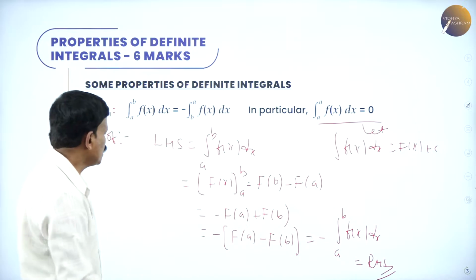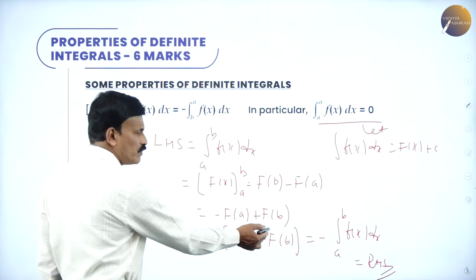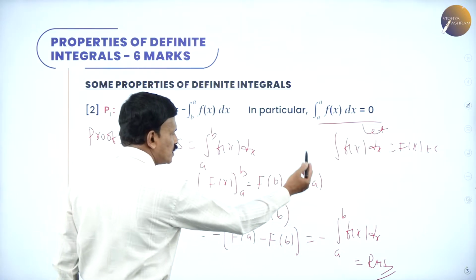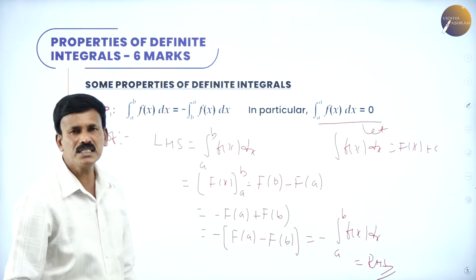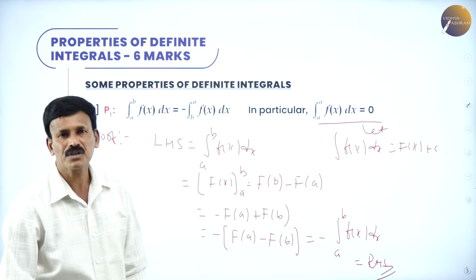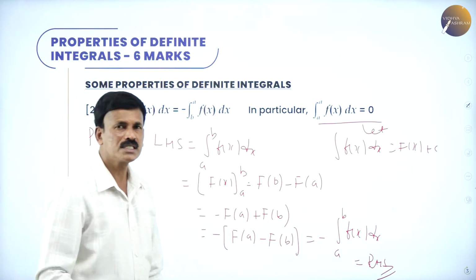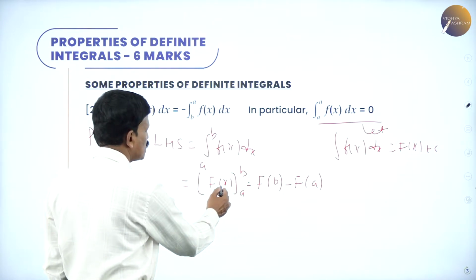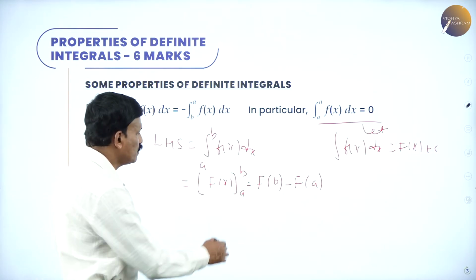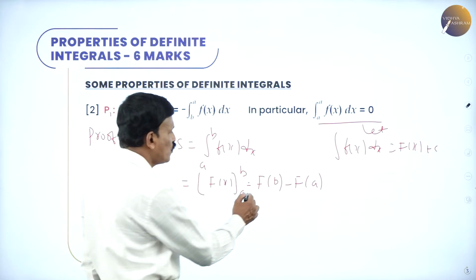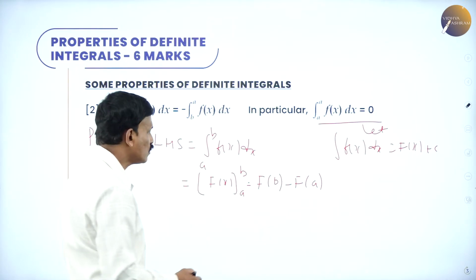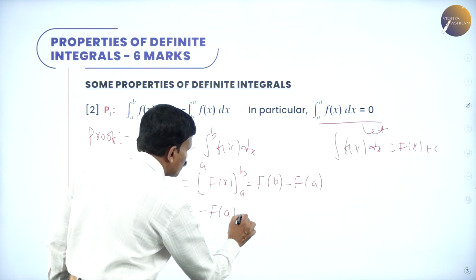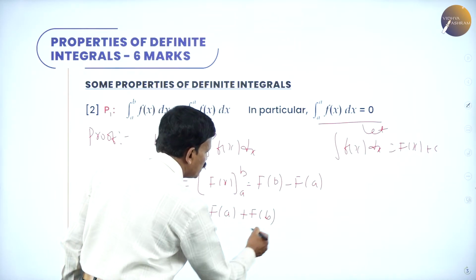That's it. See here, F of a minus F of b is nothing but integral a to b f of x dx. That is the required answer. Hope you followed. Let me explain once again. Integral a to b f of x dx is F of x between the limits a to b. Apply the upper limit: F of b minus F of a. Now F of b minus F of a can also be written as minus F of a plus F of b.